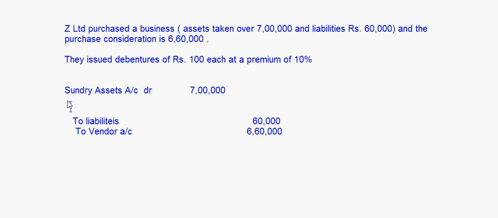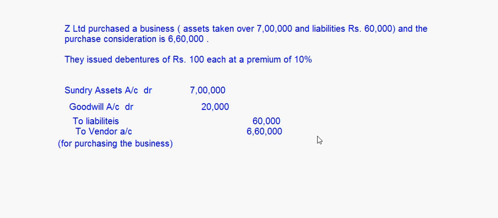So here whatever is the difference, that will come like this: goodwill account debit, the difference is 20,000 rupees, okay? Then after that comes the next one, that is issue of debentures. This is for purchasing the business, right?